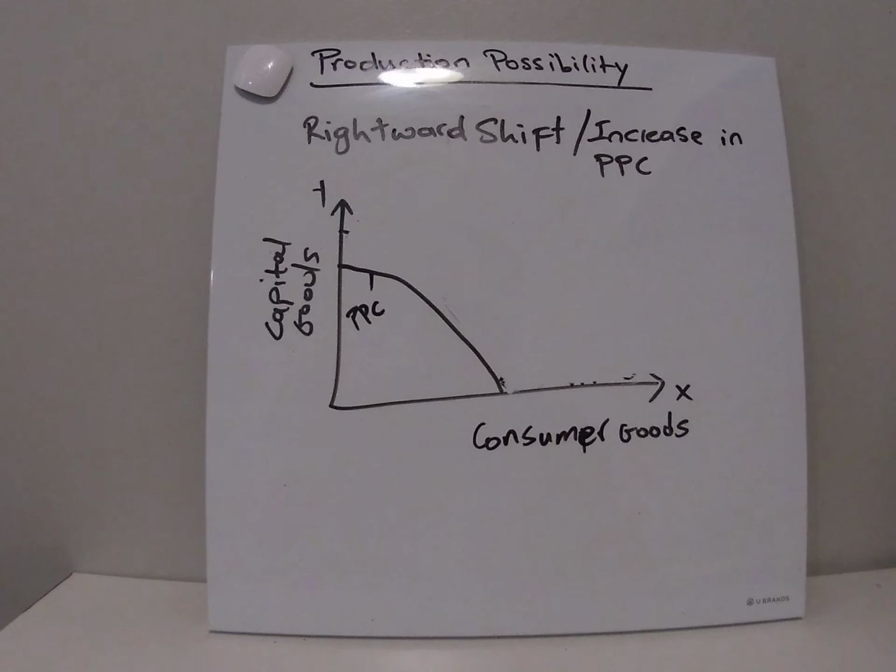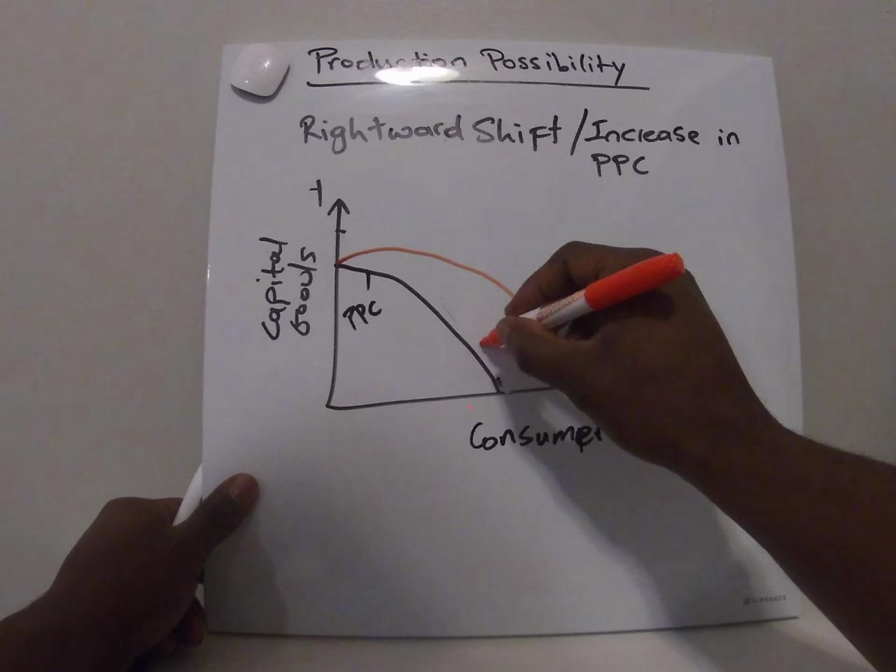Say, for instance, we had an increase in technology to make consumer goods. That would see a pivot of the PPC, a pivot to the right.